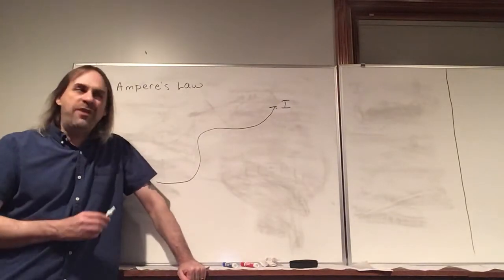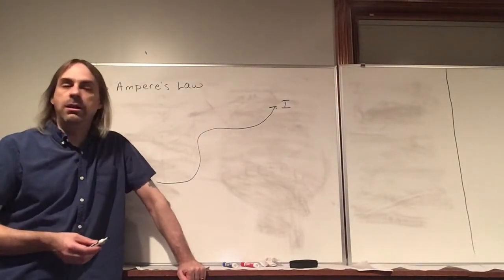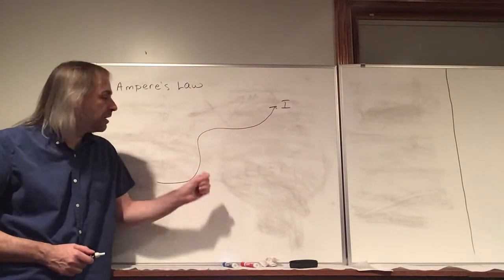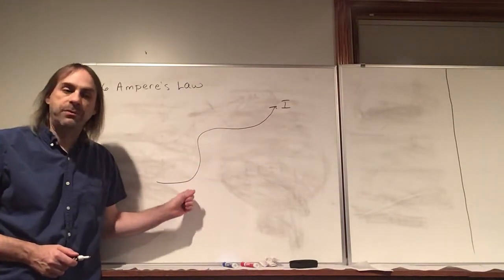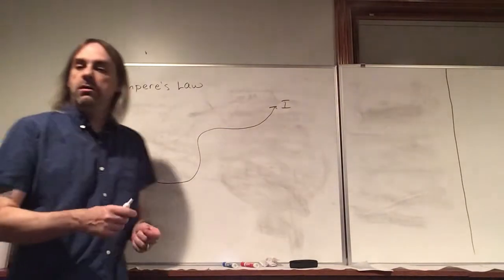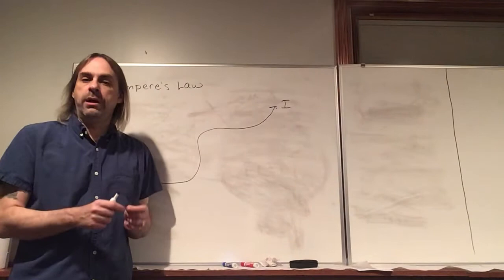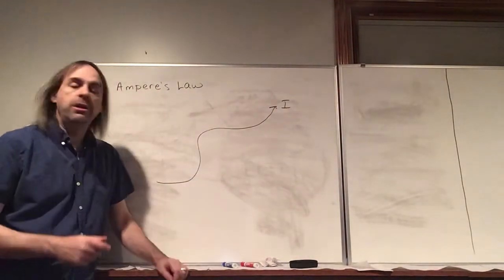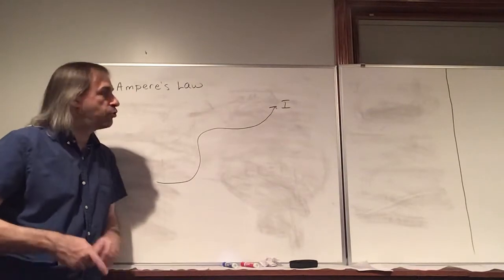Turns out that's a fairly complicated thing. There is an equation that we could use to describe the magnetic field created by this wire. Kind of like Coulomb's law, where for point charges you can figure out the electric field due to any individual charge.